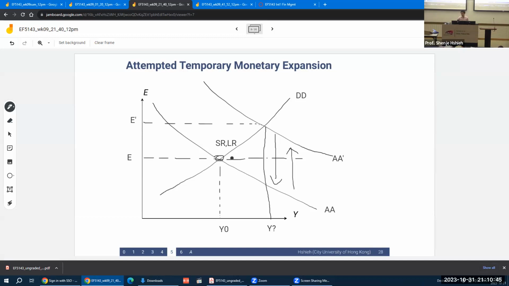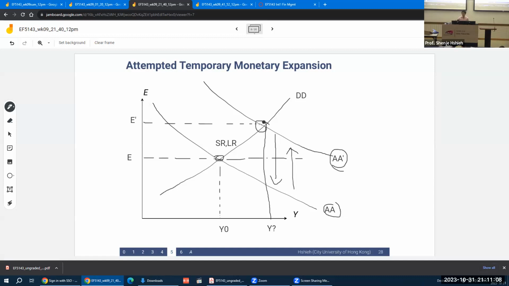We have a starting equilibrium point, and the thought experiment is to suppose a country that presumably has a pegged exchange rate decides, okay, I want to affect output through monetary expansion. They try to do it, shifting the AA schedule upward to AA prime, but they run into a problem.